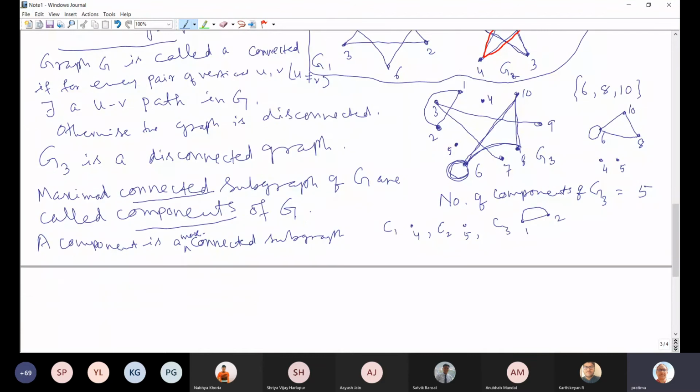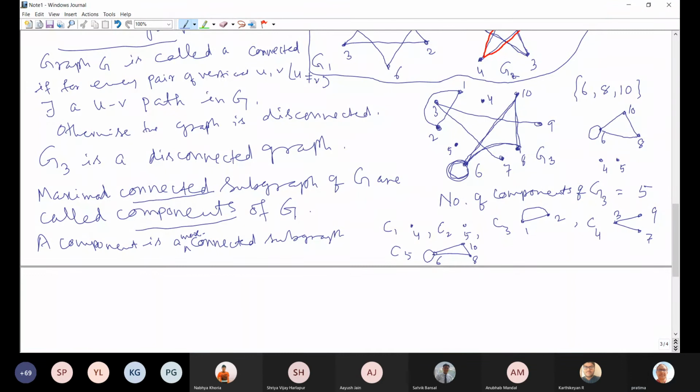C4 is the one I have taken like this, 3, 7, 9, and the other one I have already drawn over here, that is C5. C5 is 6, 10, 8, that is 6, 8, and 10. These are the 5 components. Okay, fine.